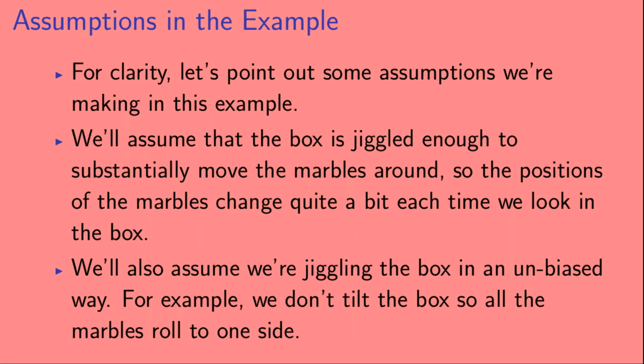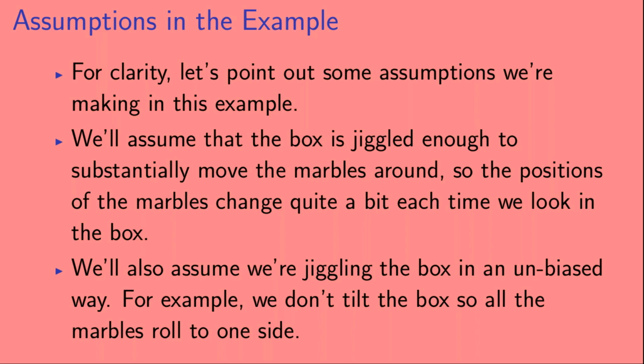For clarity, let's point out some assumptions we're making in this example. We'll assume that the box is jiggled enough to substantially move the marbles around, so the positions of the marbles change quite a bit each time we look in the box. We'll also assume we're jiggling the box in an unbiased way.